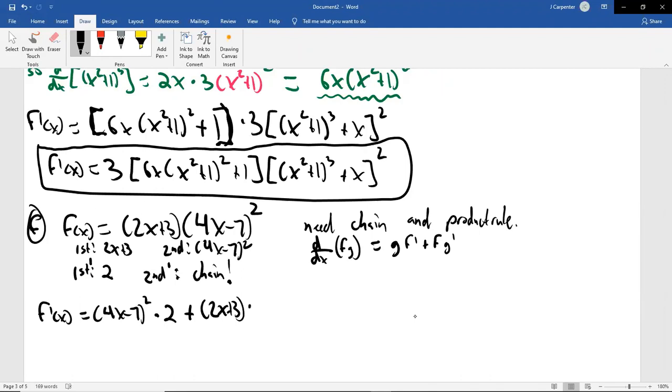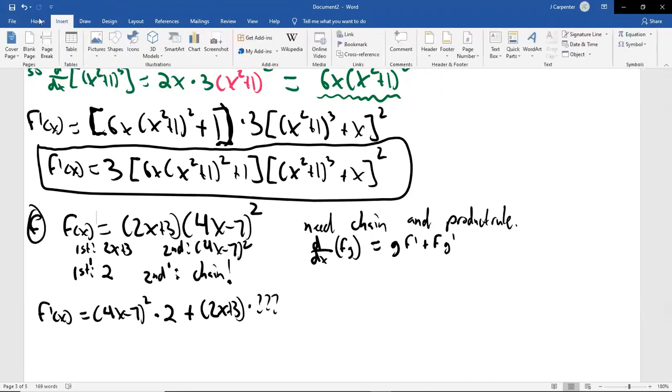We said we'll need to chain it. So maybe you write question mark, question mark, question mark, but I'm going to be a little more specific than that. This should be times the derivative of the 4x minus 7 squared. Darn my cough.